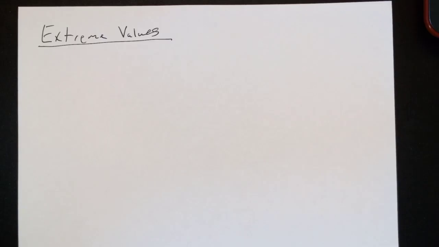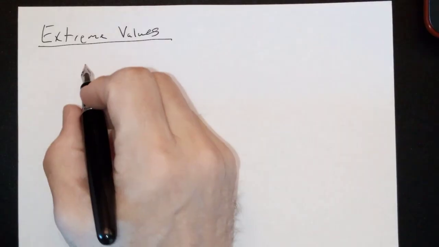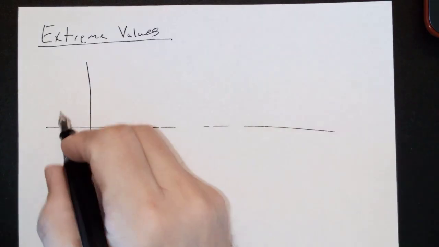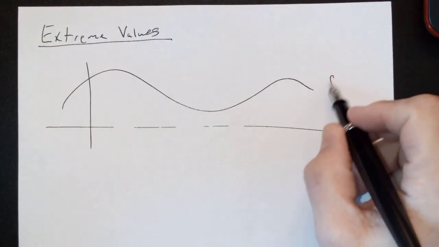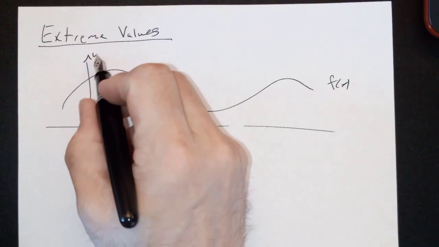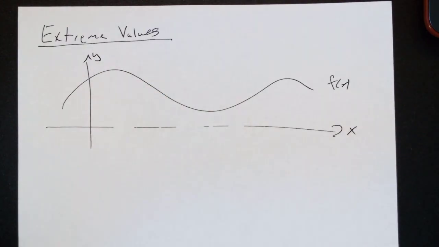If I graph an arbitrary function, I can ask, is there a highest point on the graph of this function? That's a legitimate question. Is there a highest point on this graph?